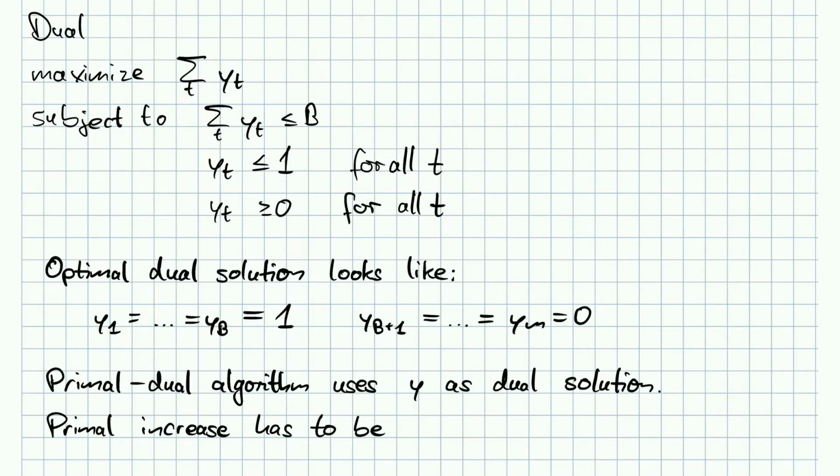And the primal increase has to be bounded by, how would we write this? Let's use this p notation again. p_t minus p_{t-1} should be no more than beta times y_t.